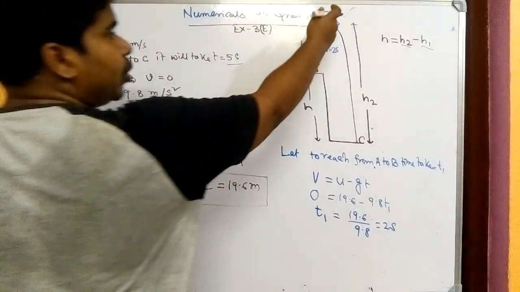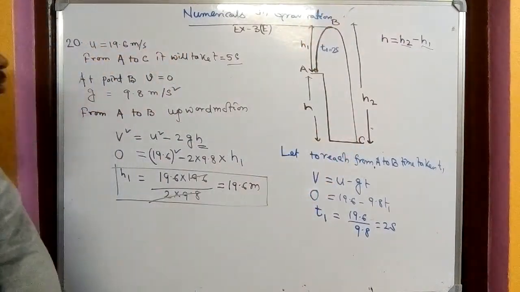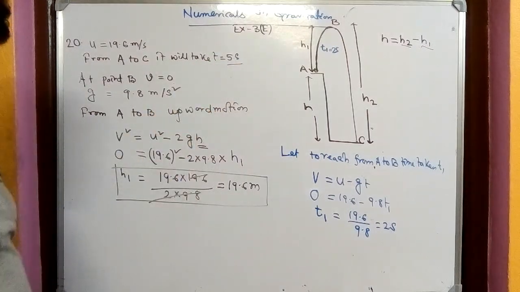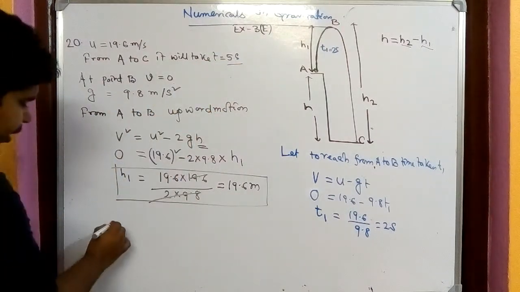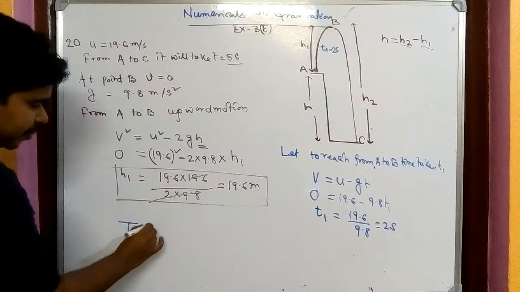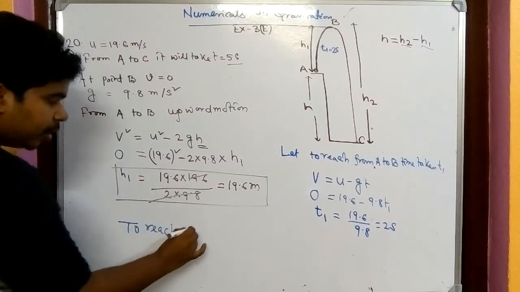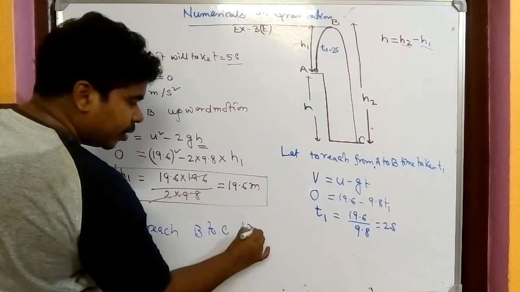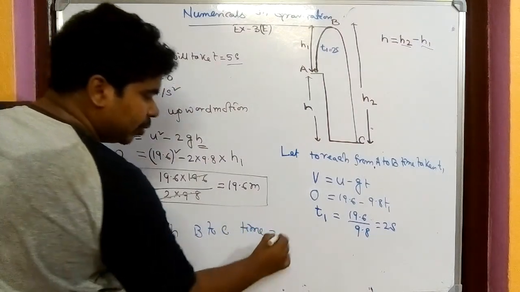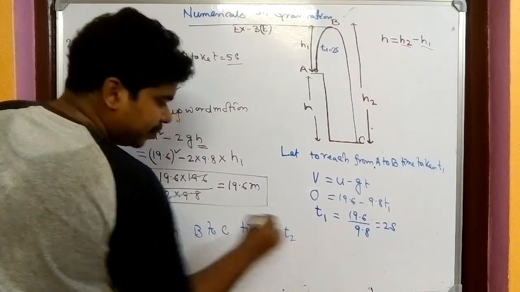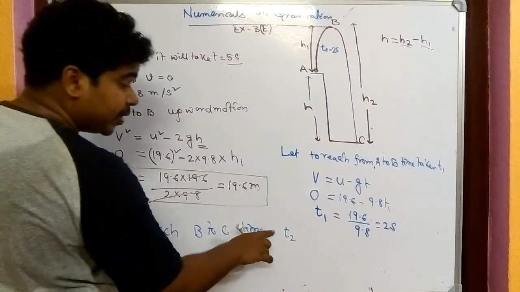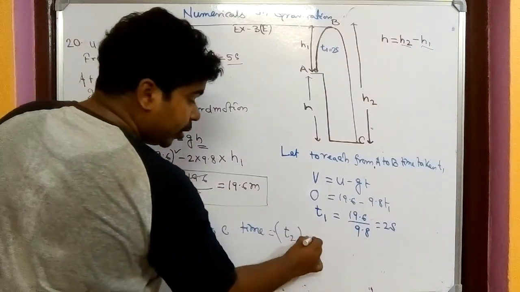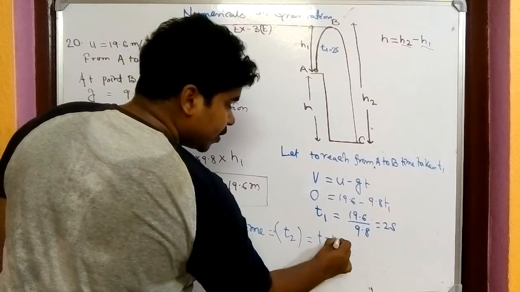So how much time will it take to reach B to C? Because the total time is 5 seconds, we can write that to reach B to C, the time is t2. We are assuming the time is t2, and t2 equals t minus t1.